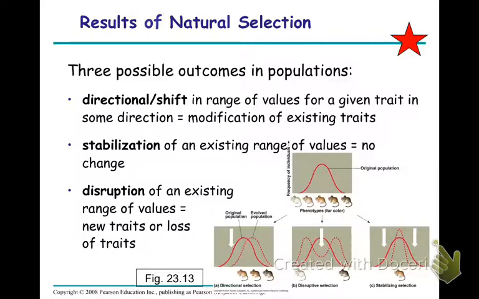So my point is, you can have a population wherein you have two extreme phenotypic variations, and the original population had more of the medium colored, beige colored, or dusty brown colored mice preferred.